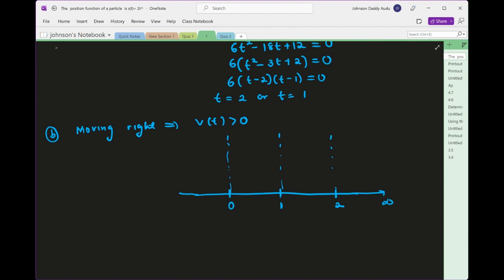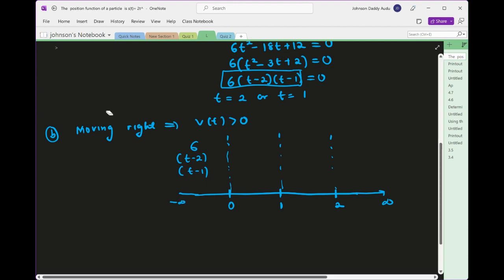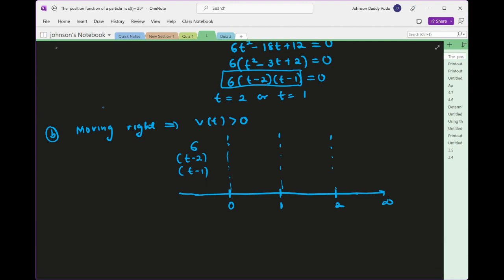Now let's put our v of t, our velocity. I'll put the velocity in factored form, which is 6 times t minus 2 as well as t minus 1. So we need to take a point just to test. You don't need to consider between minus infinity and 0, because we are starting from 0.